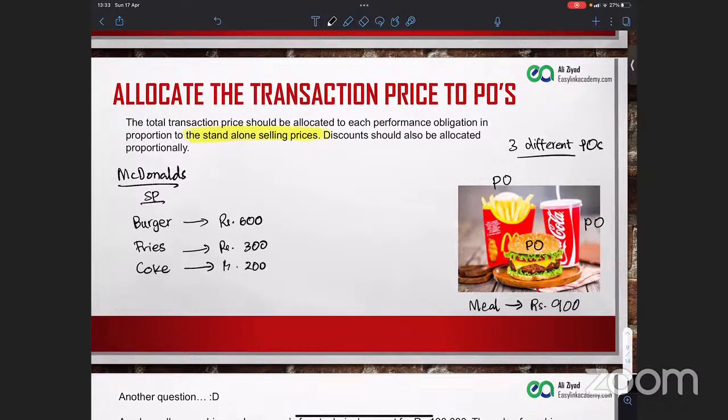Okay. So if you were to buy these three separately, guys, what will be the total price you will have to spend? How much is the total? 600, 300, 200? 1,100. Okay, 1,100.